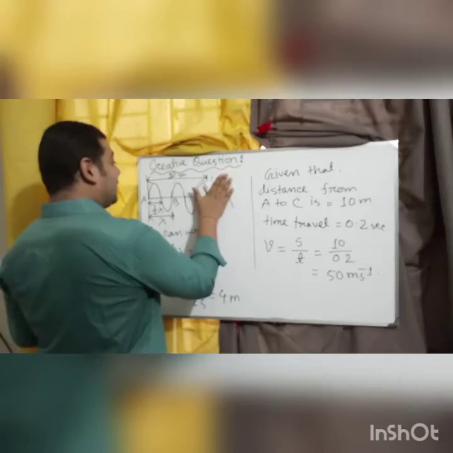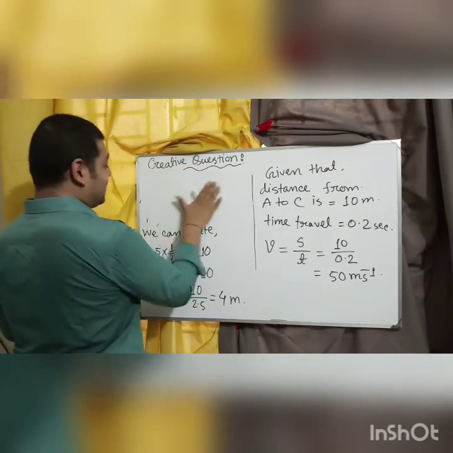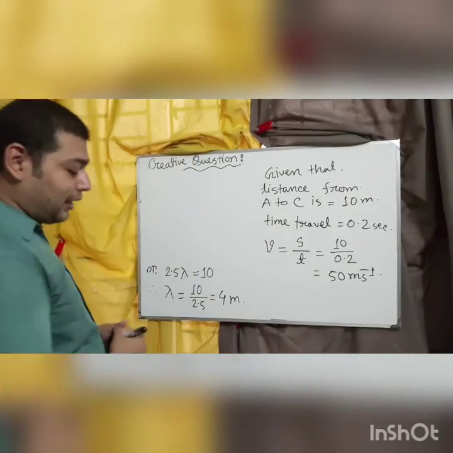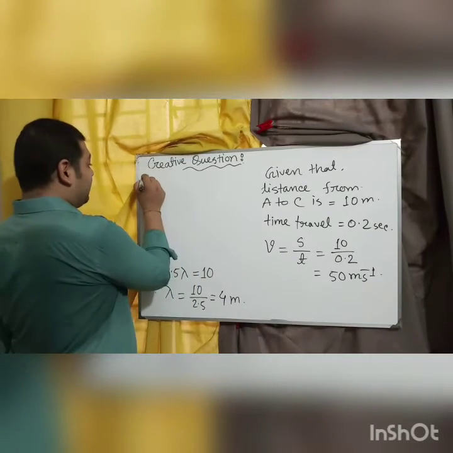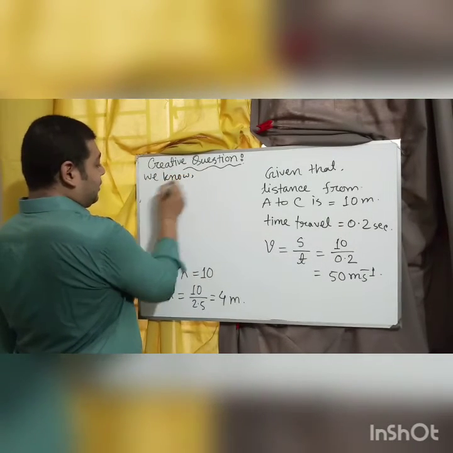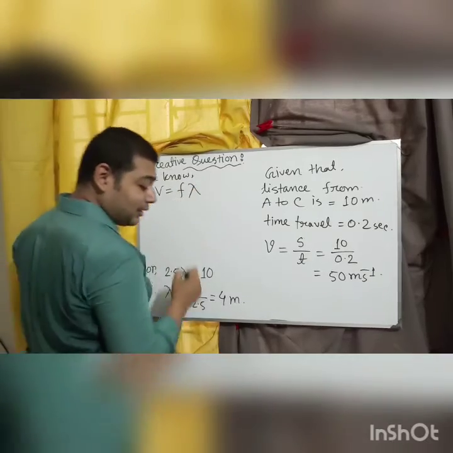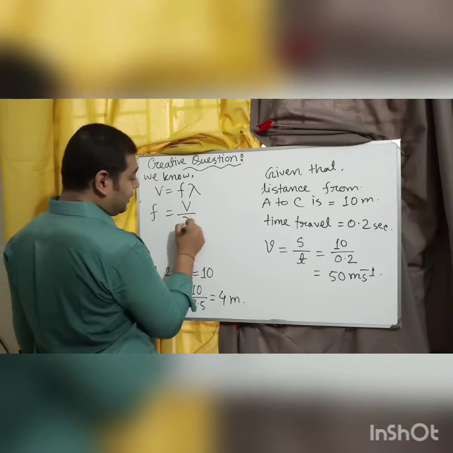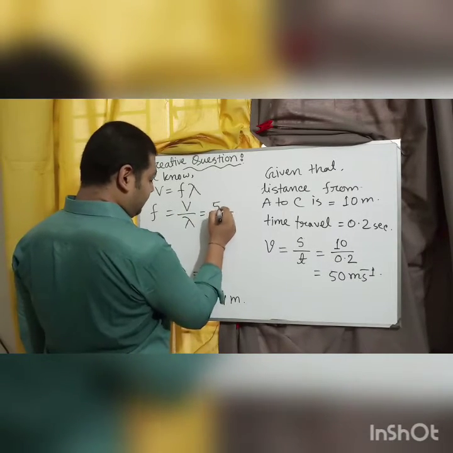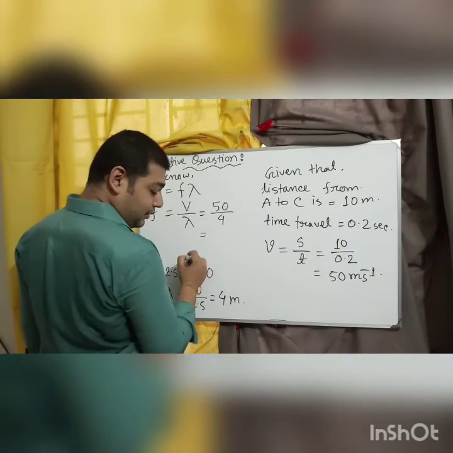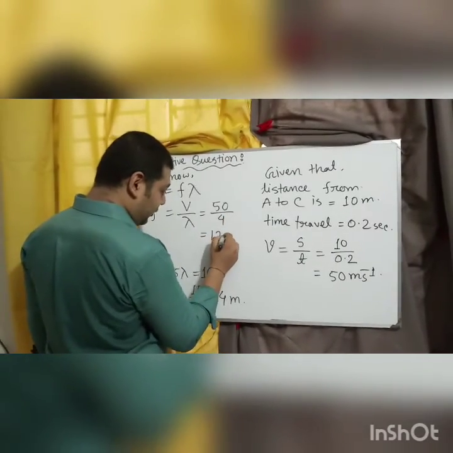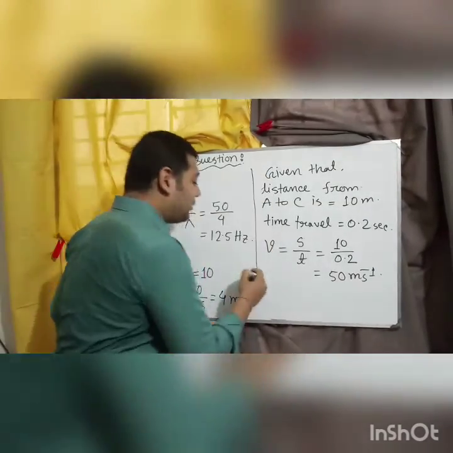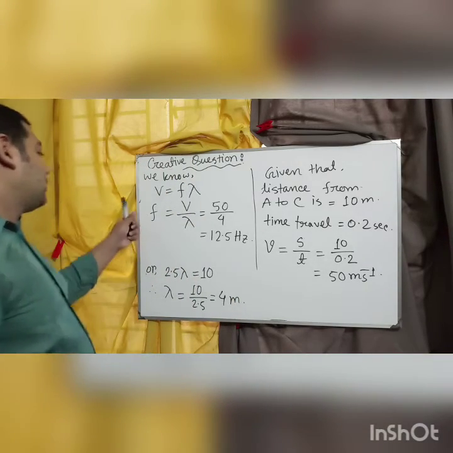By using this data, we can easily determine our frequency. We know v equals f lambda. So frequency f equals v by lambda, so 50 by 4 equals 12.5 hertz.